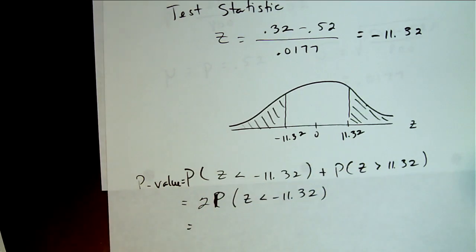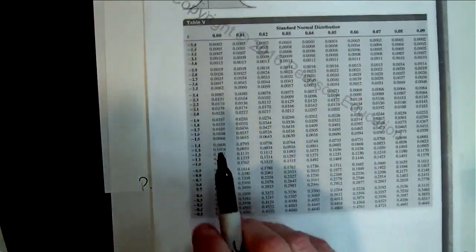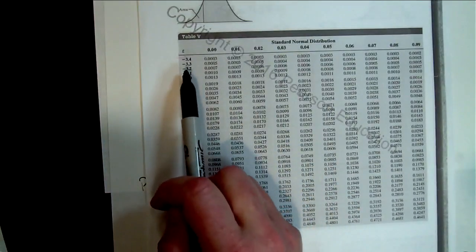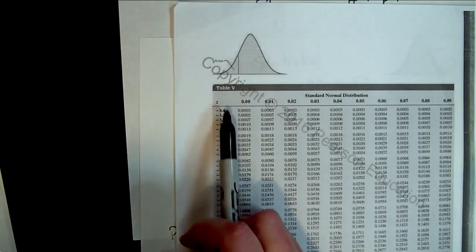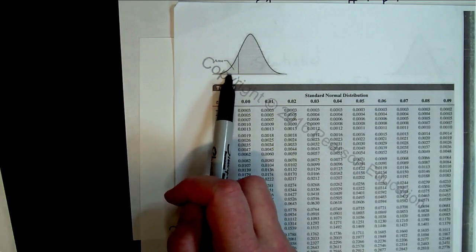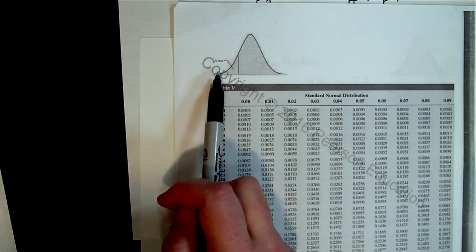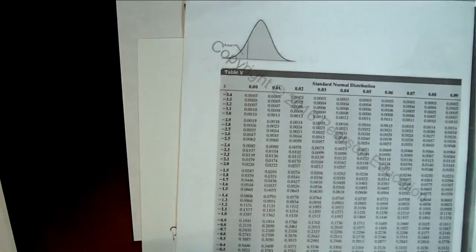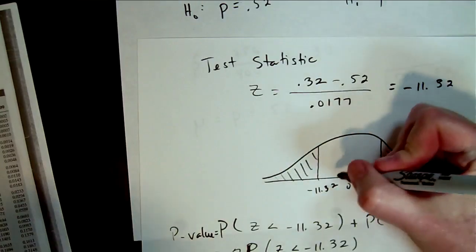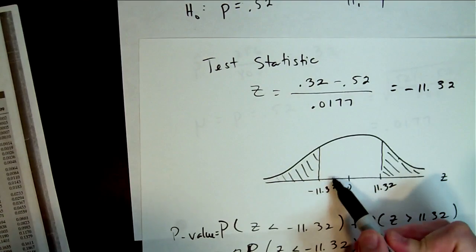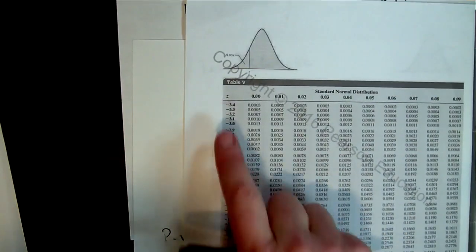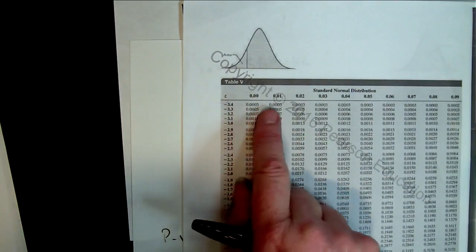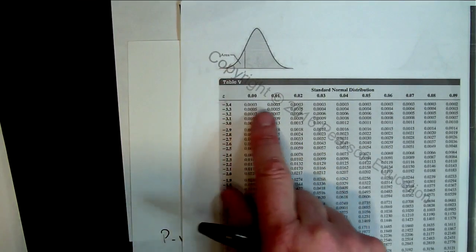Now on the table, negative 11.32. Well, gosh, the table only gives us z-values down to negative 3.4. It's giving us z-values to a certain point, but we're interested in z-values to the left of that, right? How do we deal with that? Well, let's take the area to the left of the leftmost z-value that the table will give us.